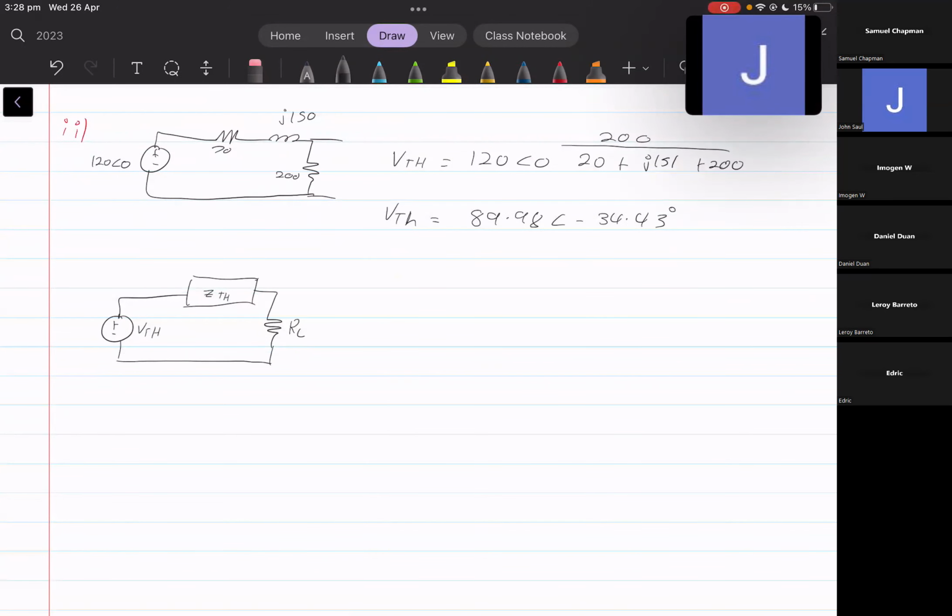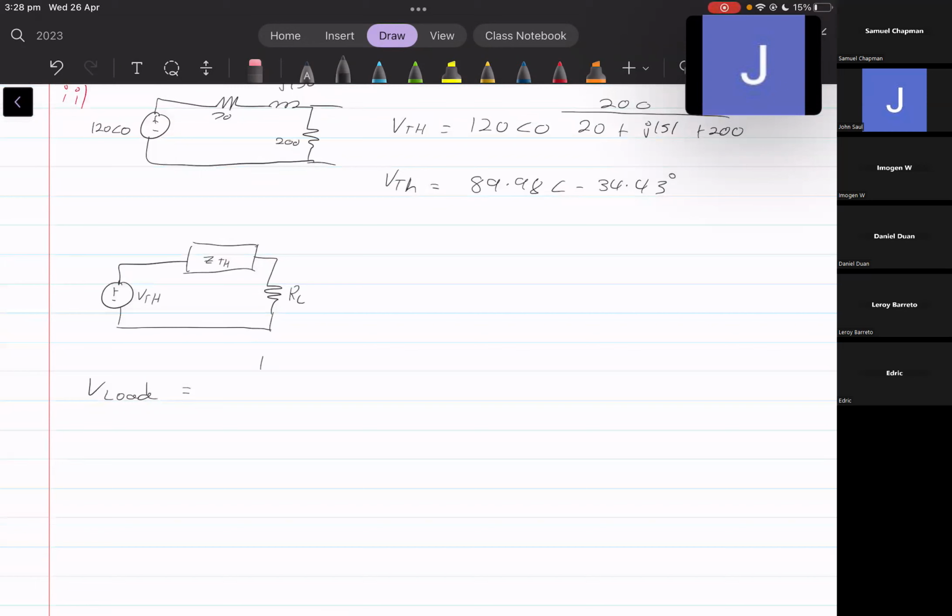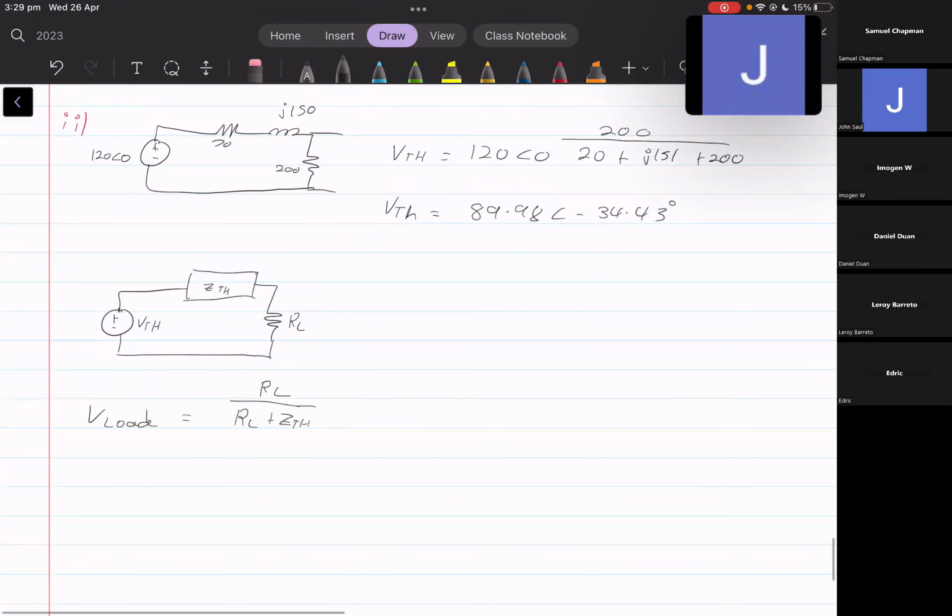The next thing we can do is work out what the load would be. So that's just going to be another voltage divider of RL, RL, V-Thevenin.